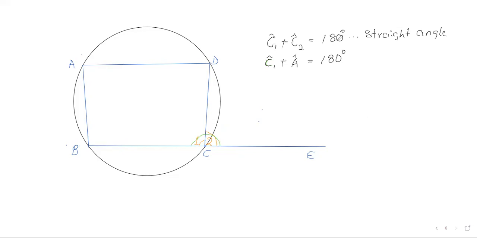Now, the first equation, C1 plus C2 is 180. The second equation, C1 plus A equals 180. Therefore, it means angle C1 plus angle C2 is equal to angle C1 plus angle A, and the reason is that they are both equal to 180.